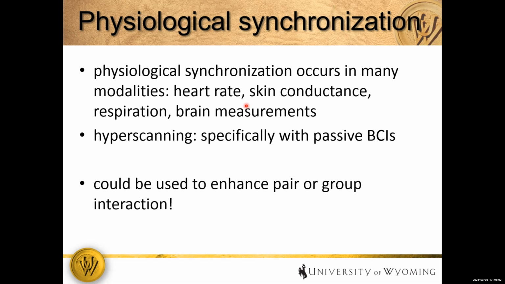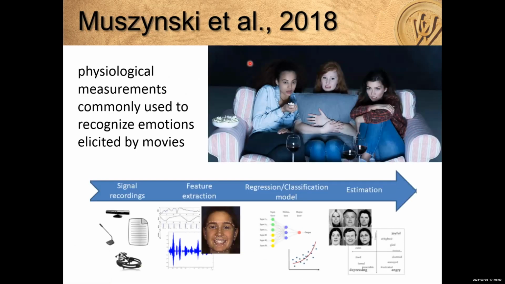Well, just going to give you one example from my colleague, Dr. Muszynski's work. In classic affective computing, we commonly use physiological measurements to recognize the emotions that movies elicit. People watch a movie, we measure their brain waves, heart rate, skin conductance, whatever, facial expressions.